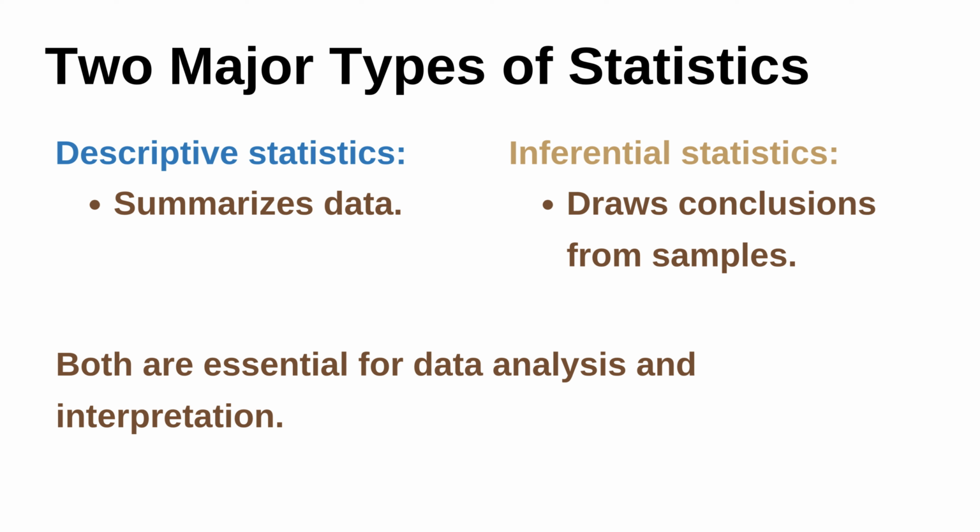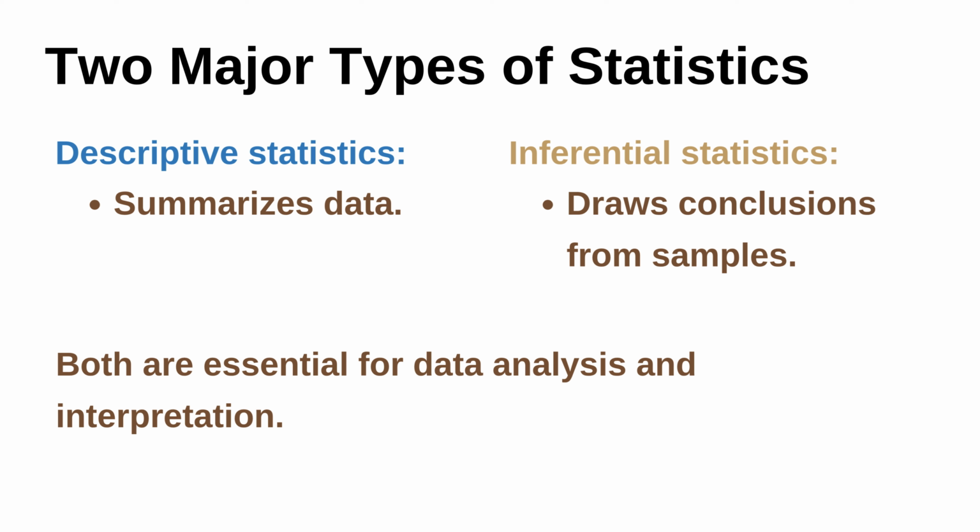There are two major types of statistics. We have descriptive statistics and inferential statistics. Descriptive statistics is used to help us summarize and describe data. They tell us what is happening in our data set, while inferential statistics help us draw conclusions or make generalizations from a sample to the larger population.